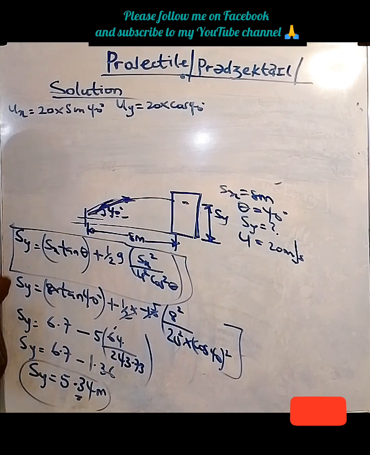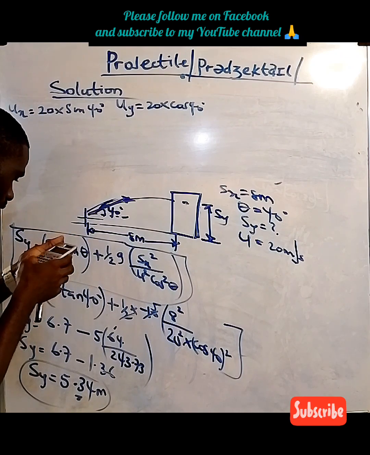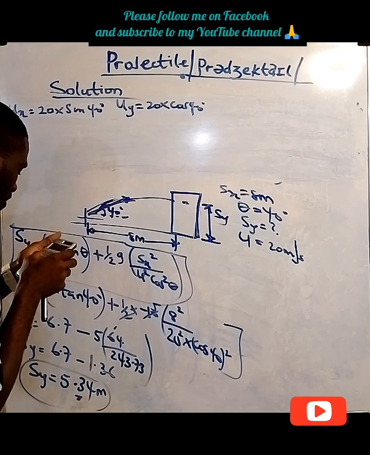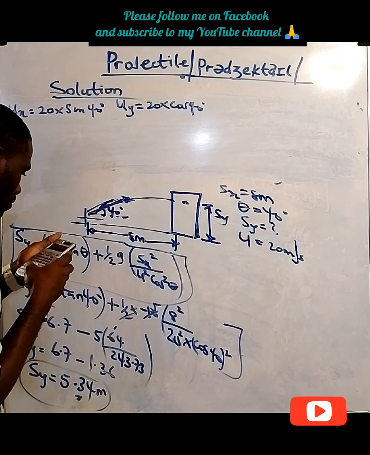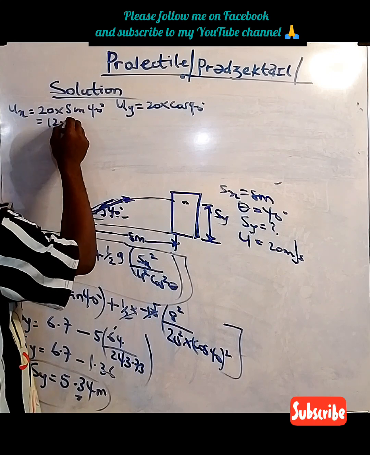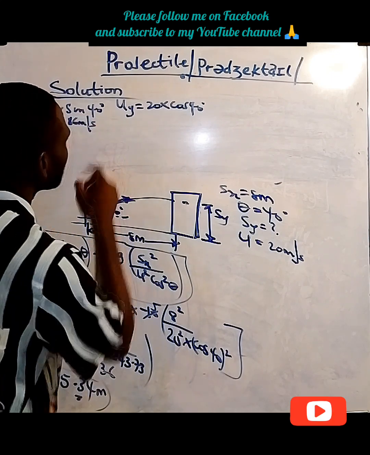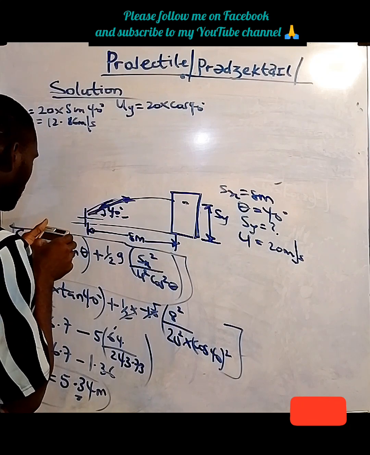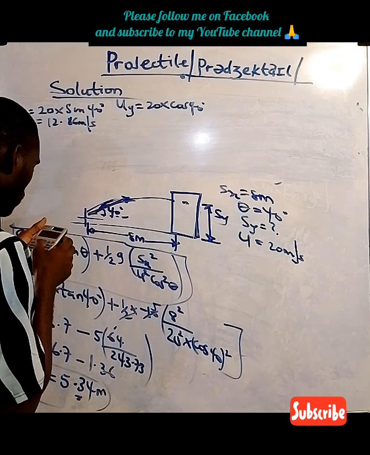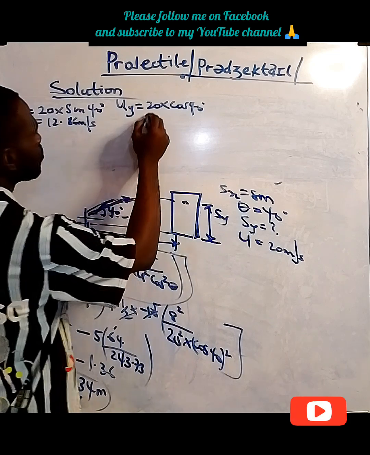So the initial speed along the x-axis is 20 times sine 40, that's 12.86 meters per second. The initial speed along the y-axis is 20 times cos 40, which gives us 15.32 meters per second.